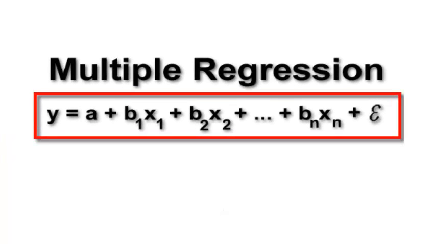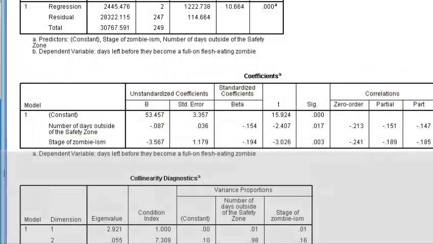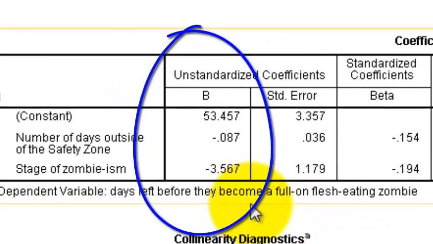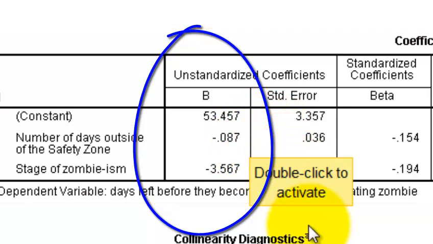Here is an example of a multiple regression equation. We're going to substitute the constant with 53.457 in the regression equation. Then we replace the coefficient of x1, or predictor 1, with negative 0.087.